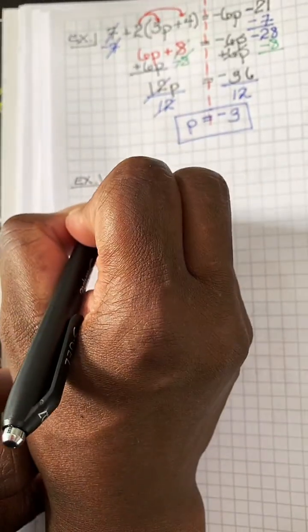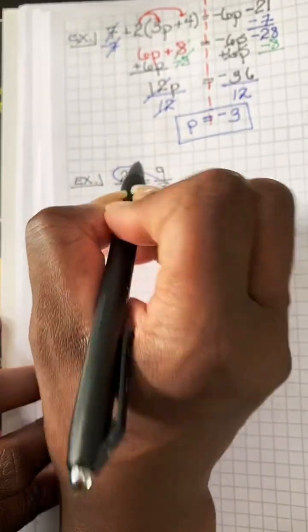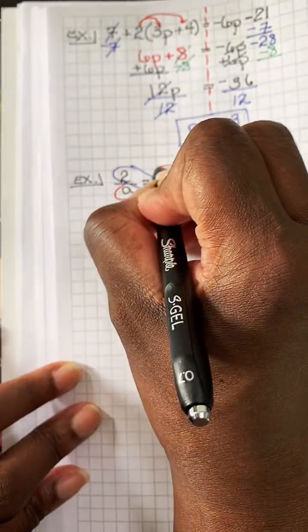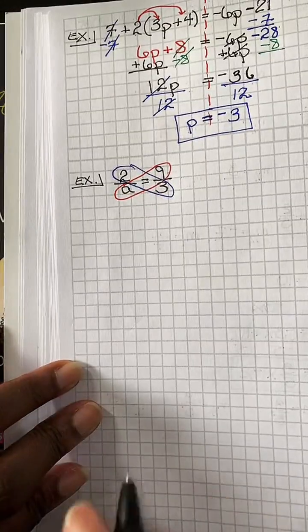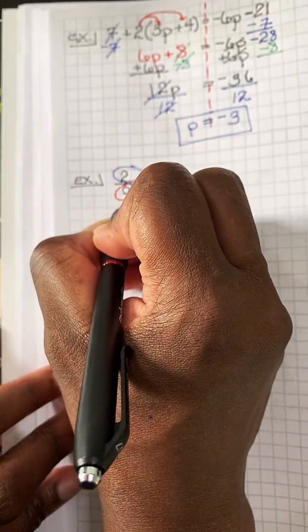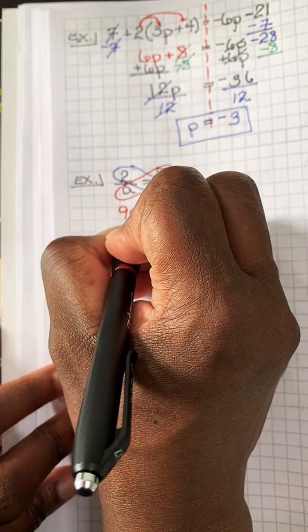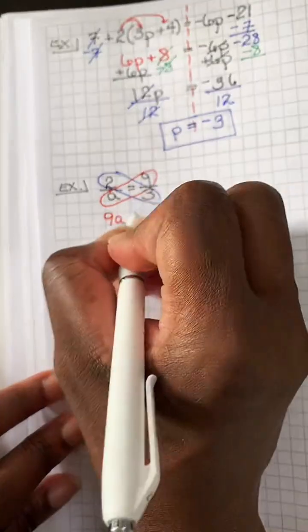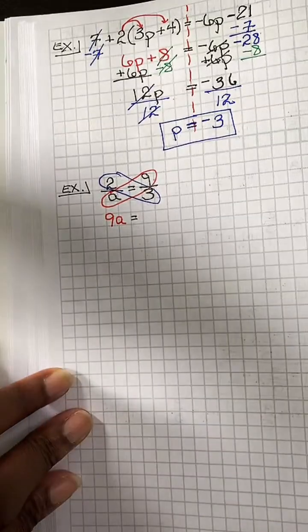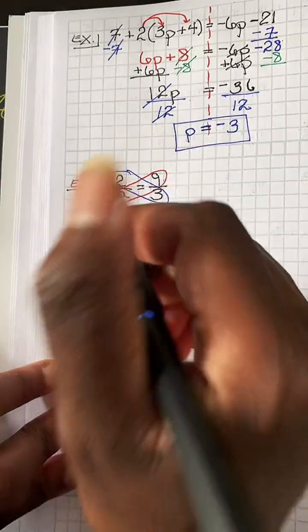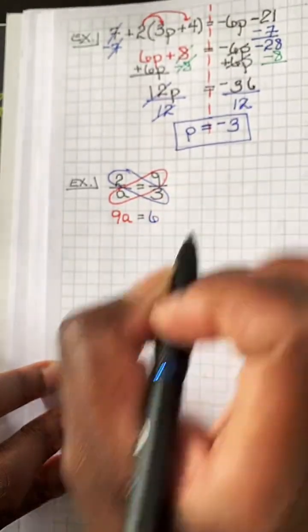So basically, you're going to be multiplying 2 and 3, as well as multiplying a and 9. When you multiply the a and the 9, remember the 9, the coefficient, always goes before the variable. Then we have our equals. Now we're going to multiply the 2 and the 3. That gives me 6.